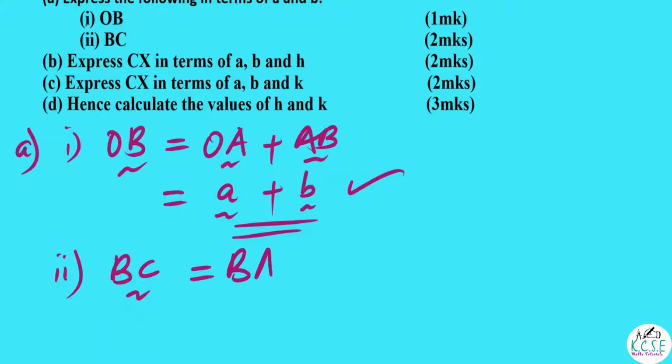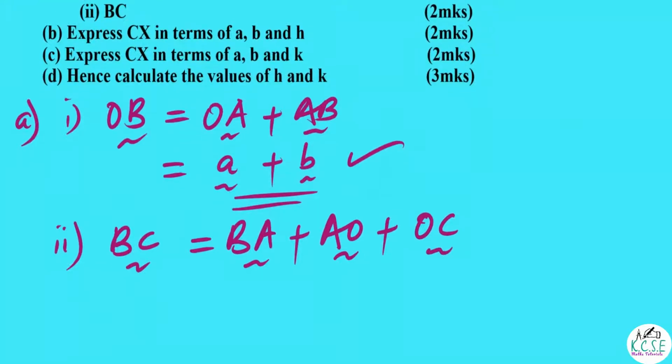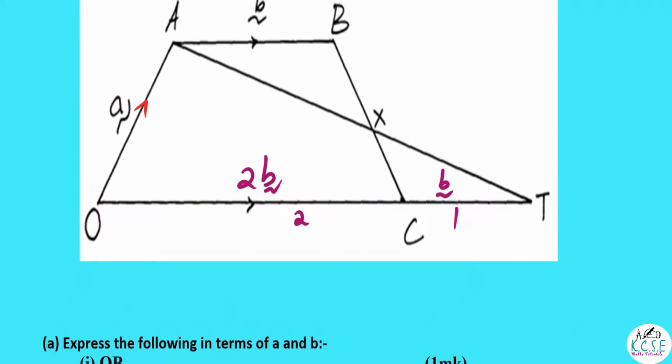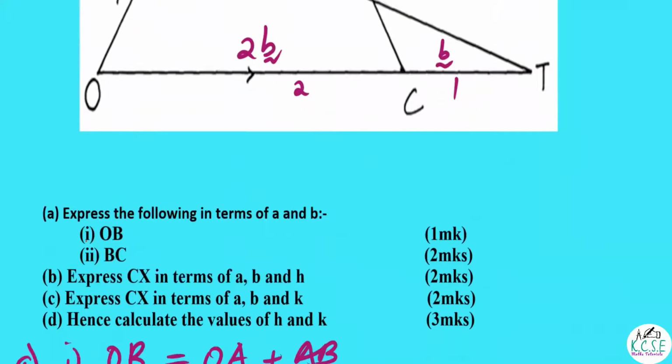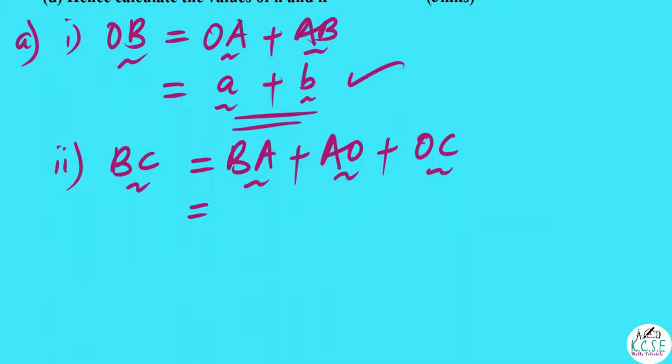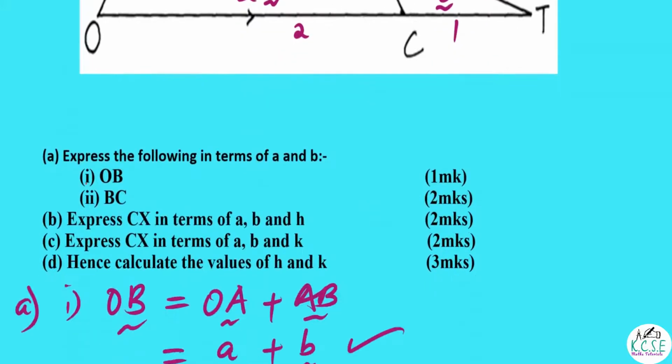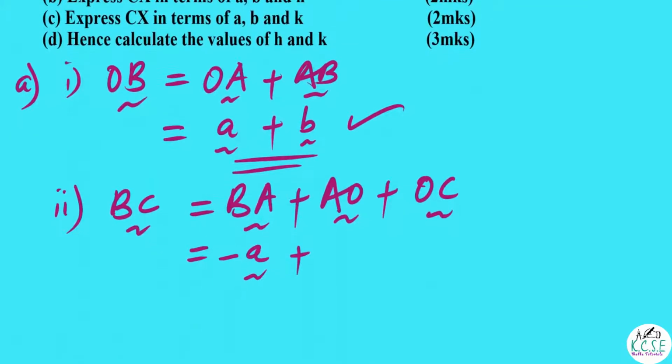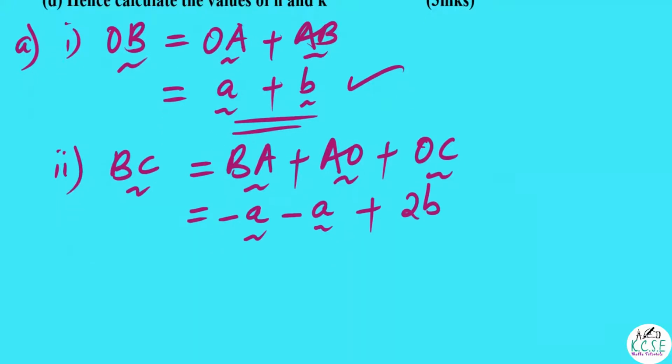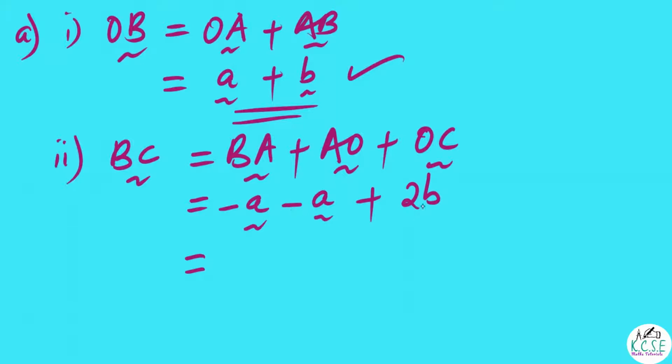So BA, note that we are moving in the opposite direction, so that will be negative A, plus AO, again we are moving in the opposite direction, that will be negative A. Then OC, OC is given by 2B. So collecting like terms, negative A plus 2B, that is B minus A. So BC is given by B minus A.